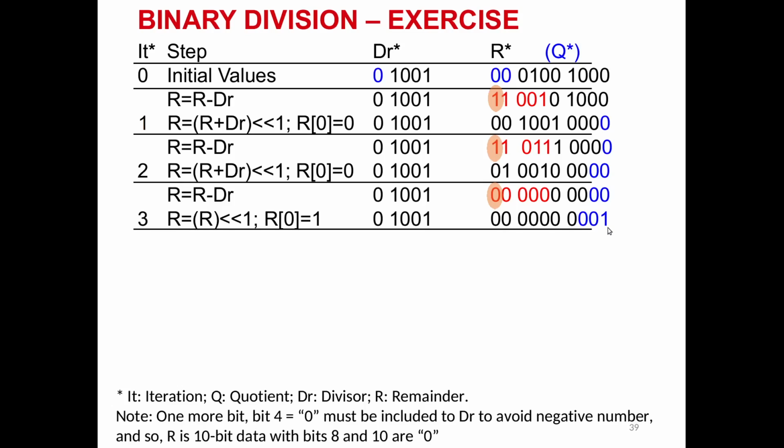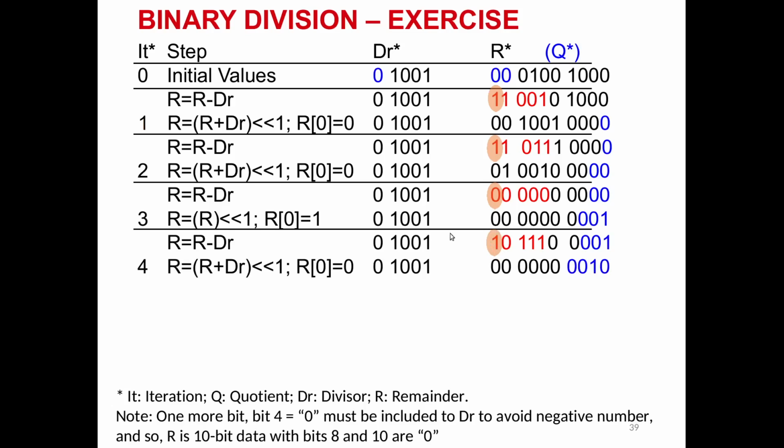And then for the fourth step, the most significant 5 bits of R here, when minus DR, give a negative value, this one 1 0 1 1 1, and here the most significant bit is 1, and so we need to restore R back to the previous value together with shifting it 1 bit to the left.